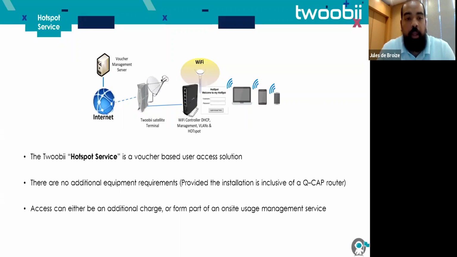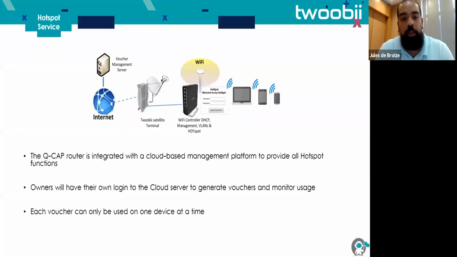So as I said, this QCAP router that we have on site is integrated into a cloud-based system, and this cloud-based system sits in the internet. So this is our voucher management service, and this is what controls all the hotspot functions that come from this QCAP router.